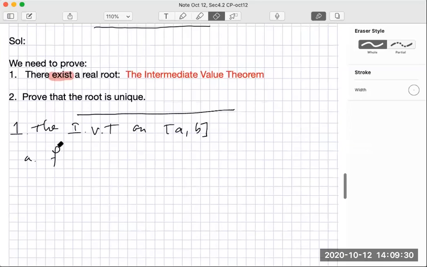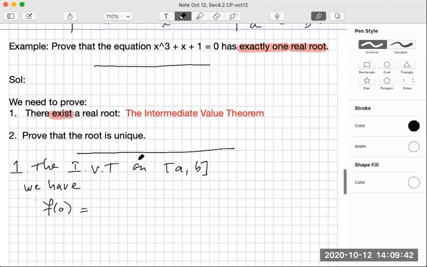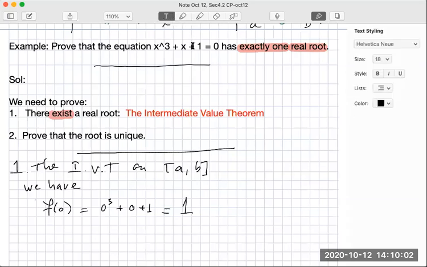What is f of 0? Yes, it will be 0 cubed plus 0 plus 1, which is 1. Did I type it wrong? Sorry, this is negative 1.